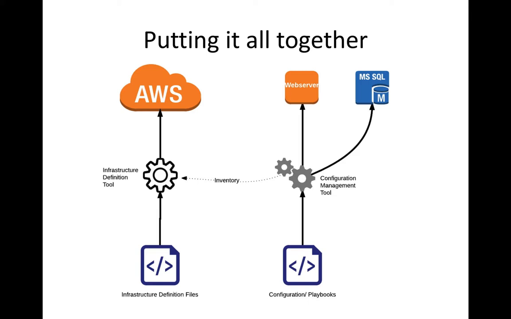And you can also use a tool like Ansible, of course, to build AMIs. So you can use Ansible in concert with a tool like Packer to go out and build AMI images.